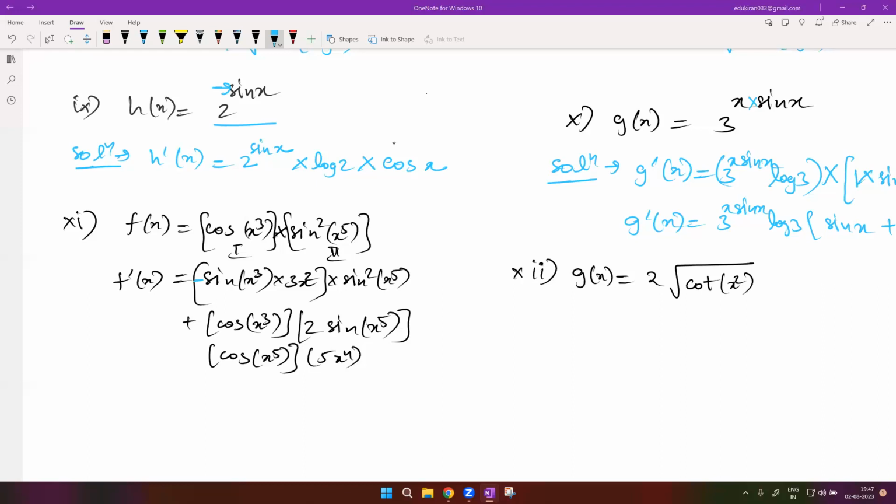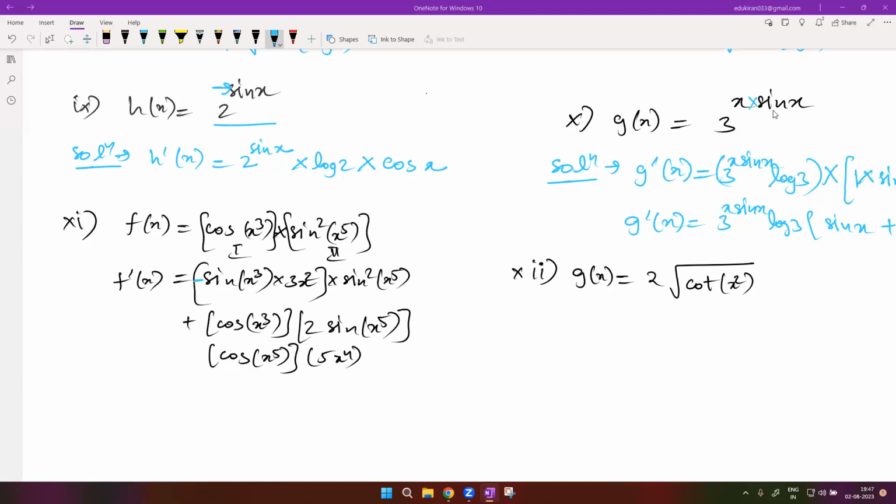Yeah, can you read out the answer for 12th part? I mean, have you solved 12th? No, sir. Okay. Faisal, can you read the answer for 12th? Or Chavez? Yes, sir. Minus cosec 2x by root of cot x, sorry, once again.